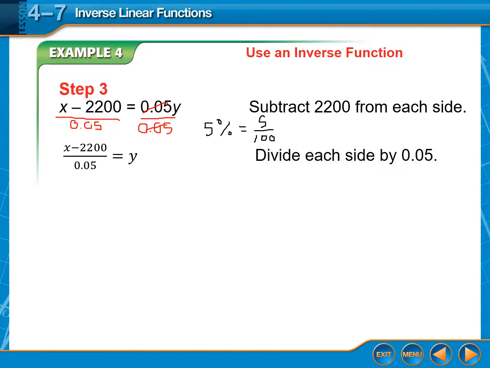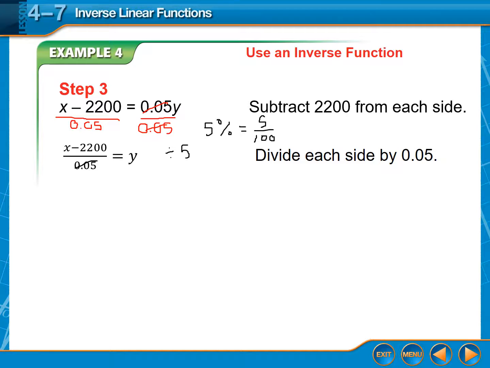As a fraction, it is 5 over 100. So another way to think of this, when I'm dividing by 0.05, I'm dividing by 5 hundredths. Okay? So instead of saying dividing by 5 hundredths, we could actually say we're multiplying.